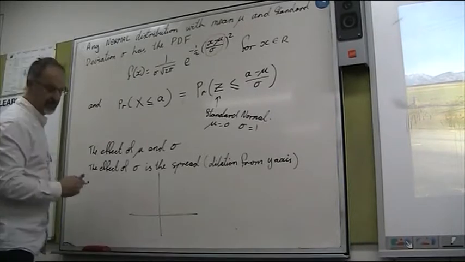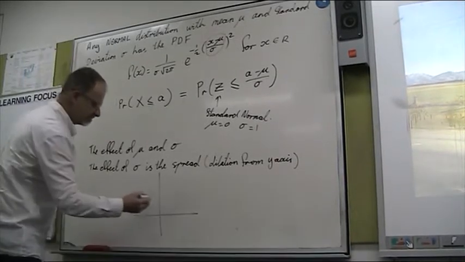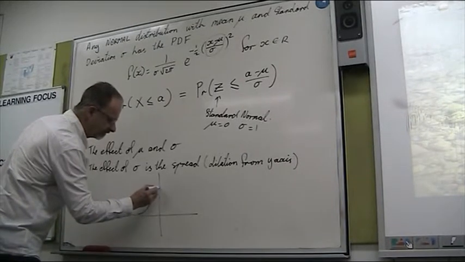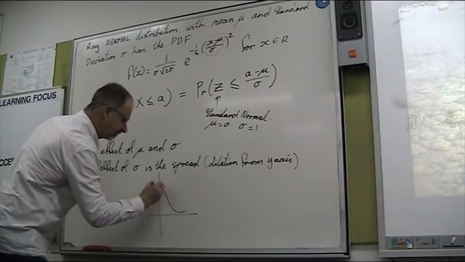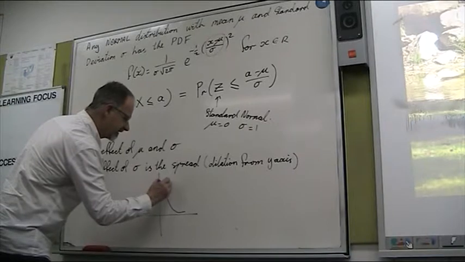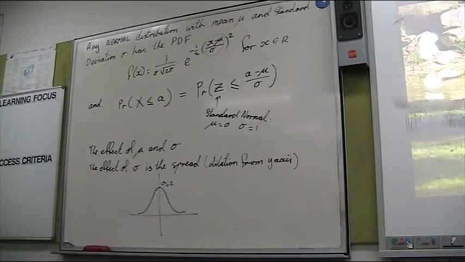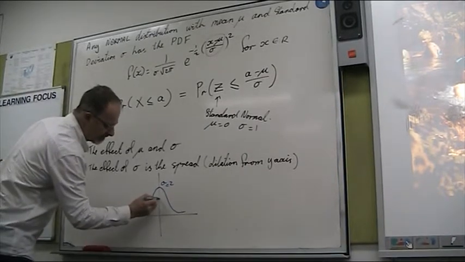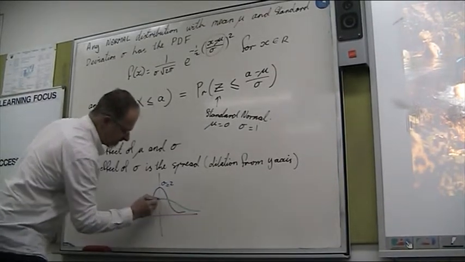You might have a small standard deviation, say 2. You might have a slightly bigger one, say 8, and it will go something like this.